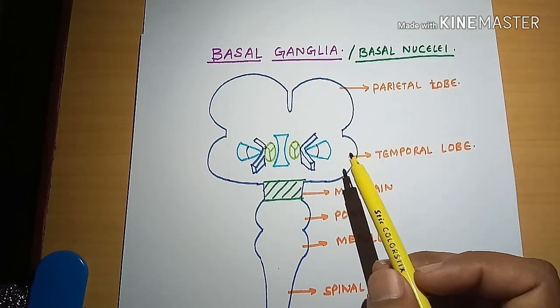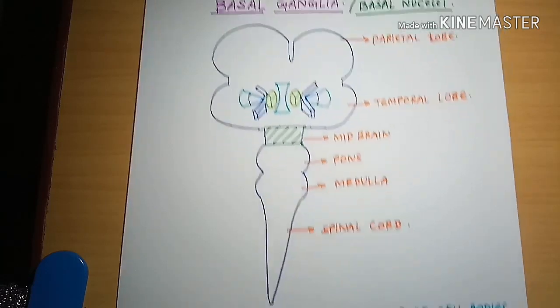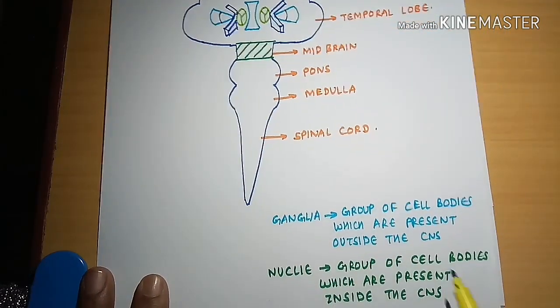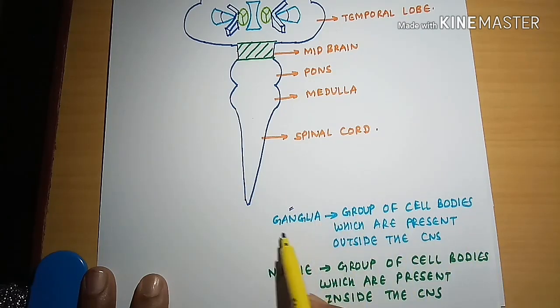Actually, the name ganglia should not be used here, because ganglia means a group of cell bodies which are present outside the central nervous system.